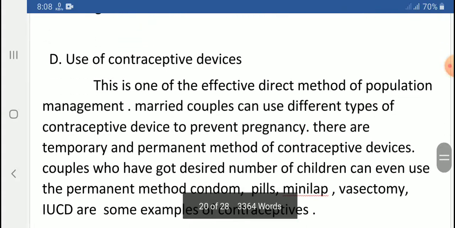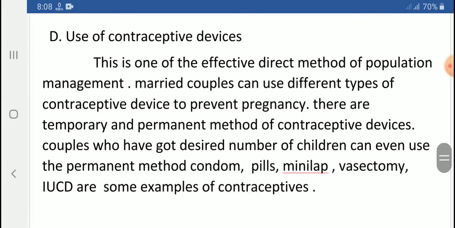Use of contraceptive devices is another way of managing population. When newly married couples use different types of contraceptive devices to prevent pregnancy, that obviously helps control the population. There are temporary and permanent methods of contraception for male and female, and people who have the desired number of children can even use the permanent methods.